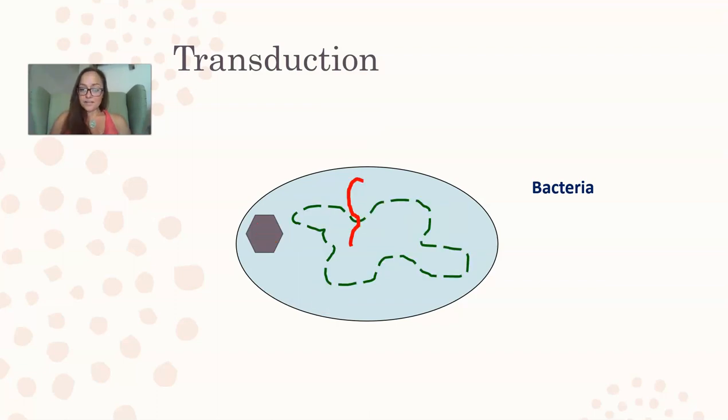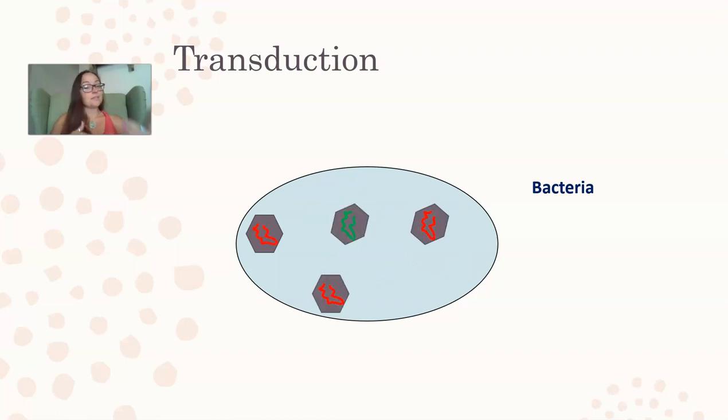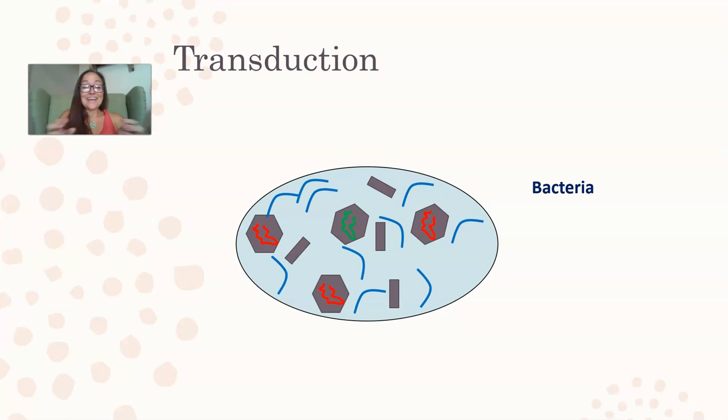I want to point out here, the bacterial DNA is green and the virus DNA is red. As these little viruses are reproducing within the bacterium, some of the viruses can accidentally incorporate bacterial DNA inside of the virus rather than viral DNA.